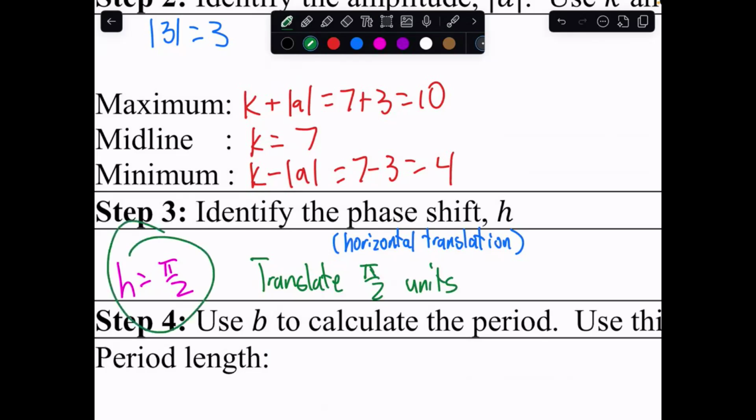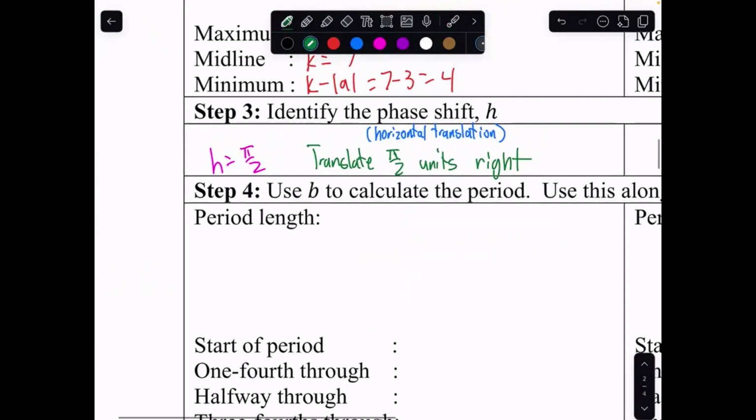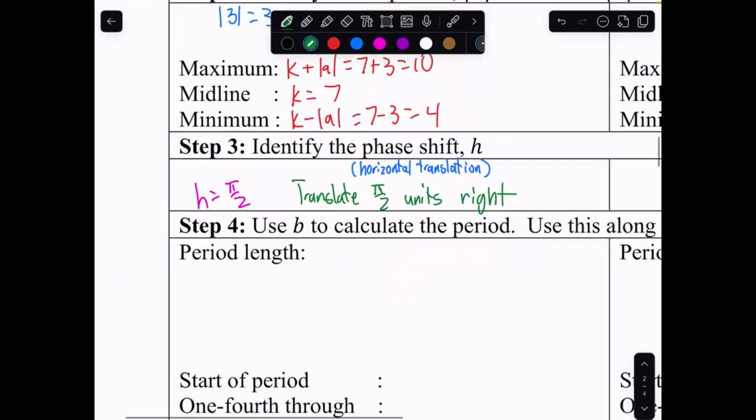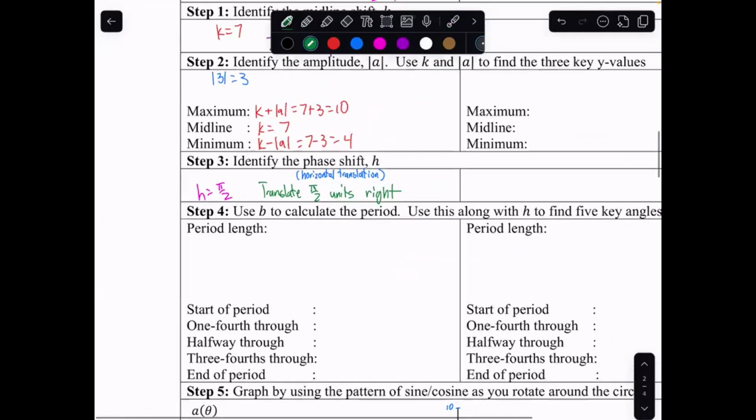When h is positive, that means you translate right. We don't really know what to do with that on the graph yet, so we'll come back to it. We haven't done anything with the pi over 2 yet. We will shortly. But let's move on to step 4.